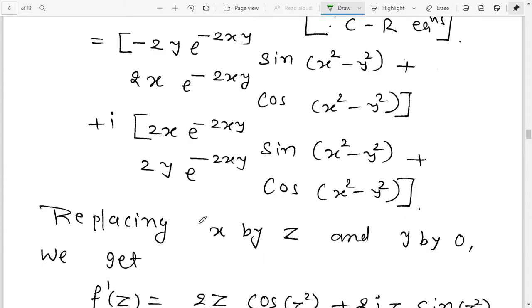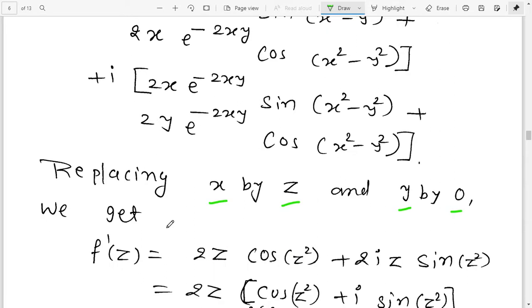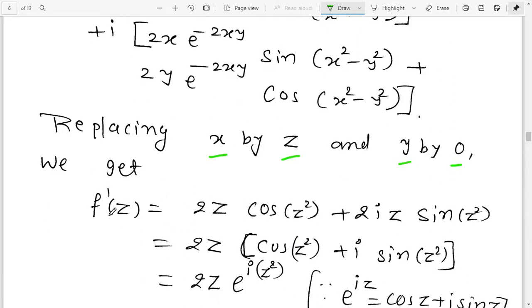Now replace x by z and y by 0. We get this form. f dash of z is equal to 2z cos z square plus 2 iota z sin z square.